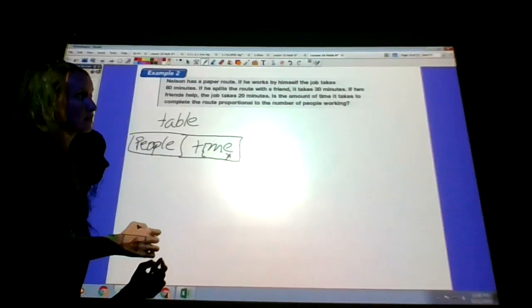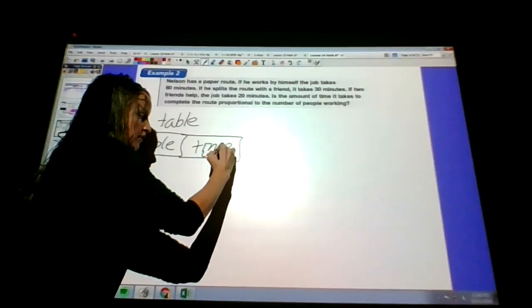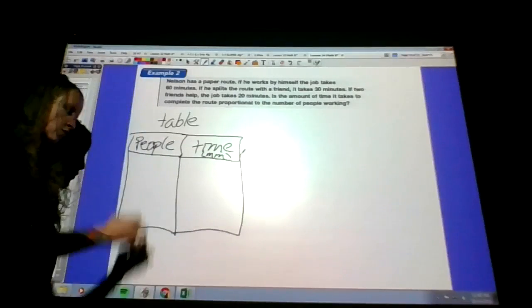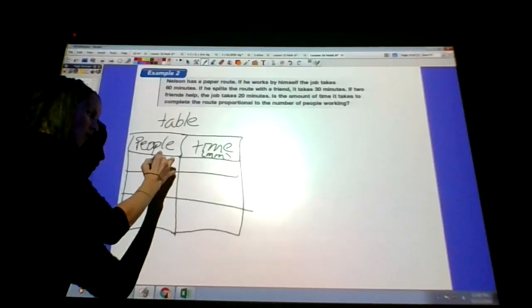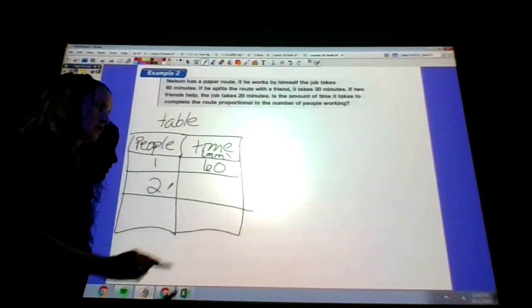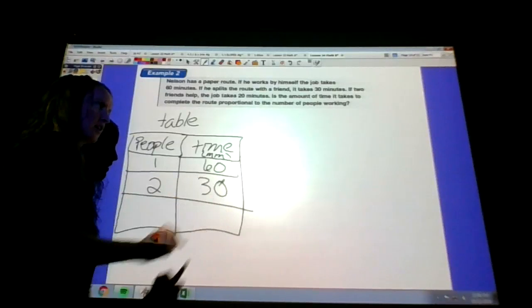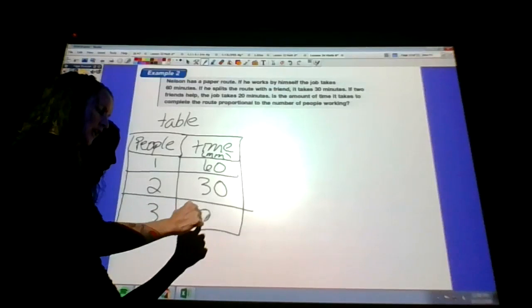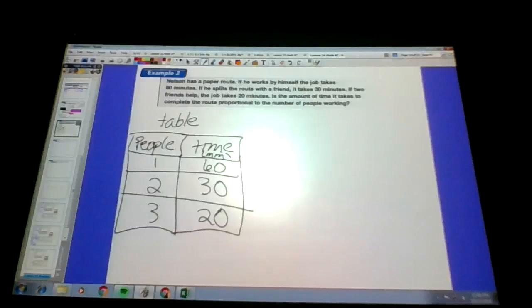In this case, minutes. So here we go. 1 person equals 60 minutes. 2 people, 30. 3 is 20. Okay, what's our rule to be a proportional relationship?